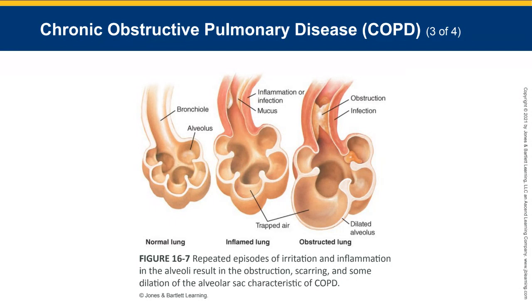So not all of the air is coming out, and that's how they start to retain carbon dioxide over time. So eventually, a patient with COPD will end up relying on their hypoxic drive to breathe because of the chronic retention of CO2.